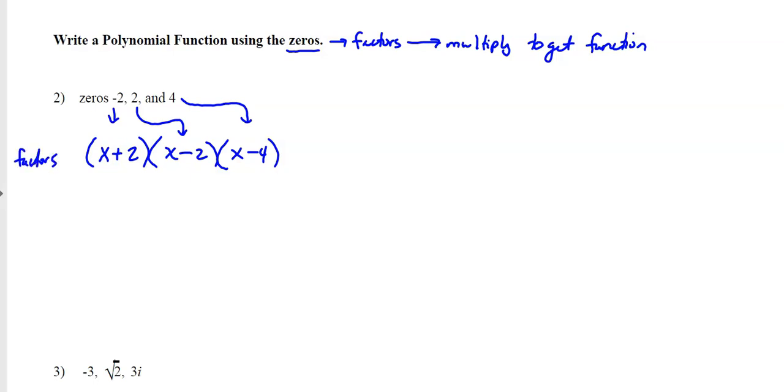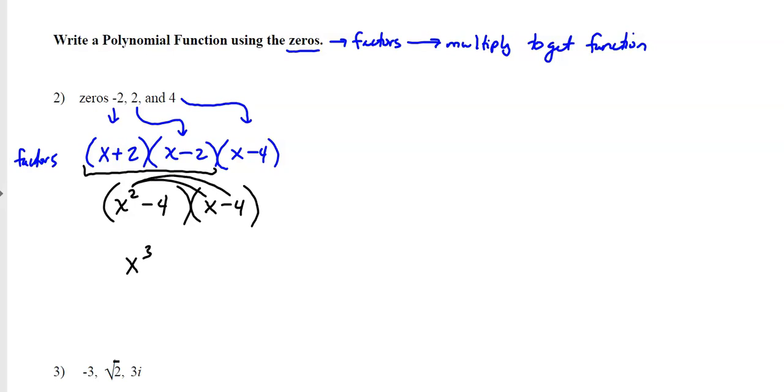And now we just need to multiply them together. The order's up to you. I like these two because of the difference of squares, so something will cancel out. That's going to shake out to be x squared minus 4, because the plus 2x minus 2x cancels. And now I'll just multiply by the back piece. x squared times x to the third, x squared times a -4, -4x squared.